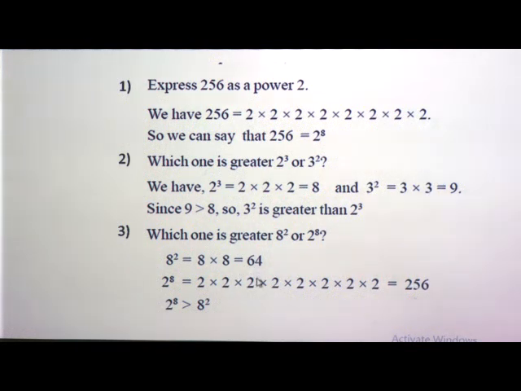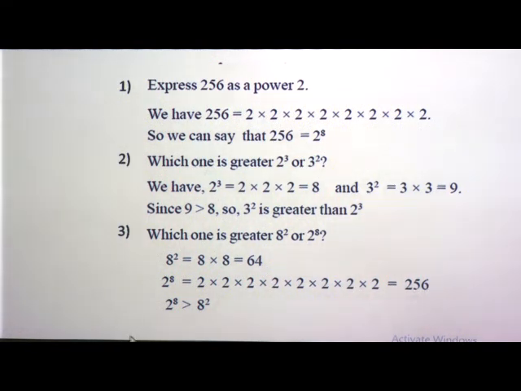To find its product we multiply in this way: 2 2s are 4, 4 2s are 8, 8 2s are 16, 16 2s are 32, 32 2s are 64. If you do not know, stop here, and the remaining you can multiply: 64 into 4 is 256.